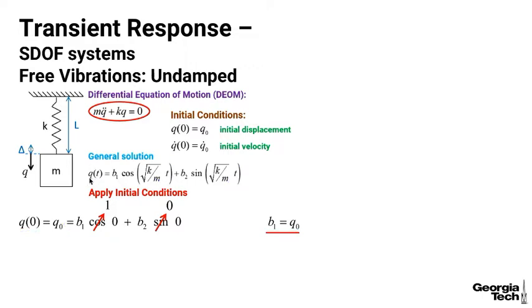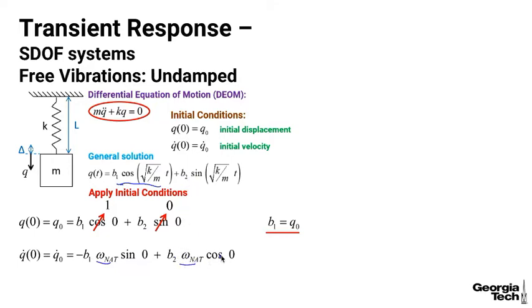Now we're going to take the derivative, q dot, and enter time 0. So the derivative of cosine is minus sine, and so we have minus B1 sine, and we also bring the argument out, square root of k over m, which is also omega natural, at time 0. Same thing over here for the second term. We have B2, the derivative of sine is cosine, and the argument comes out, square root of k over m, or omega natural.